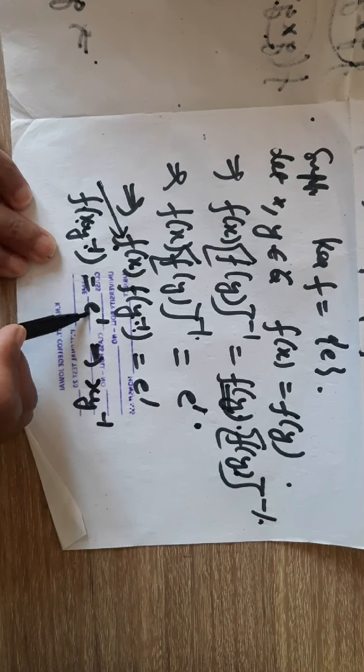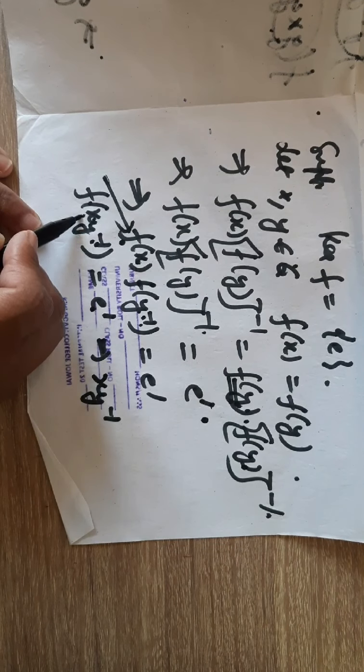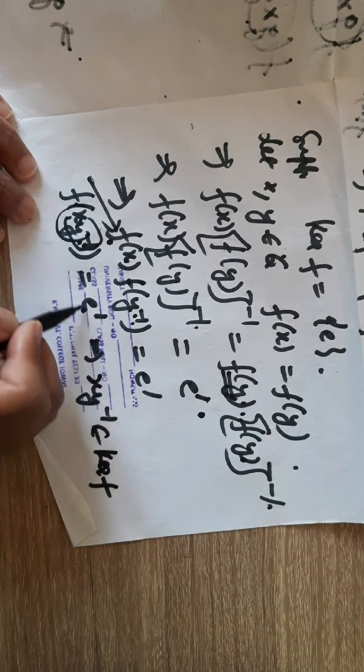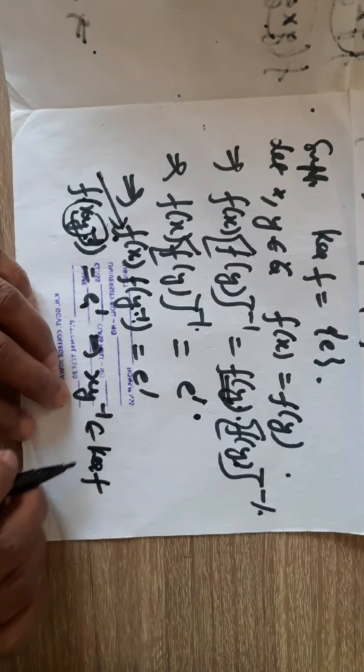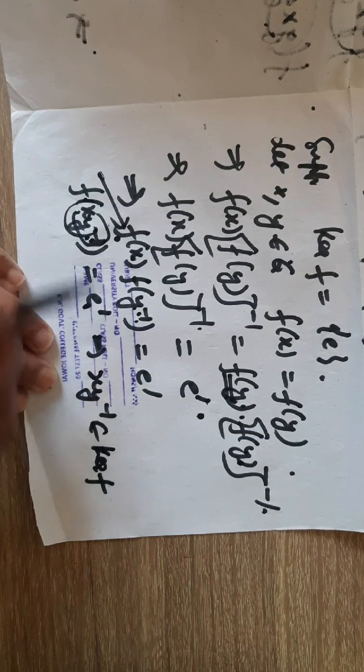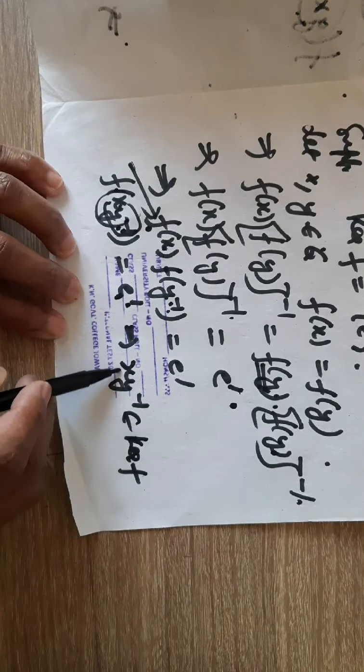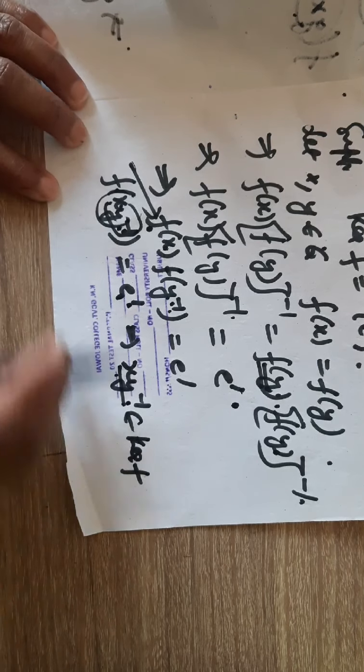So f(x y inverse) equal to e prime implies that this element must belong to the kernel of f, because the kernel of f by definition contains all those elements which are mapped to e prime, the identity in G prime. So this implies that x y inverse belongs to the kernel of f.